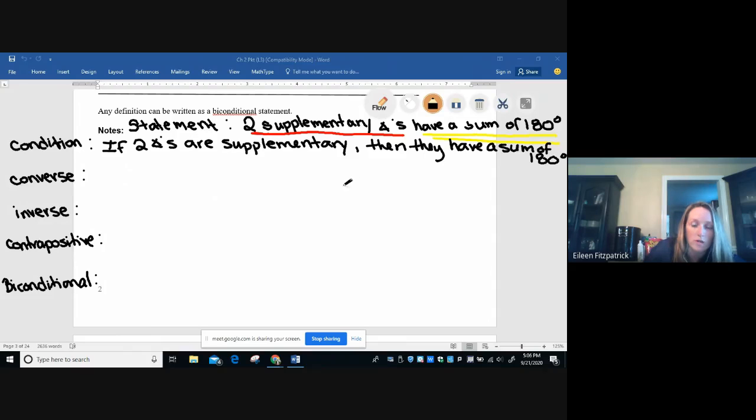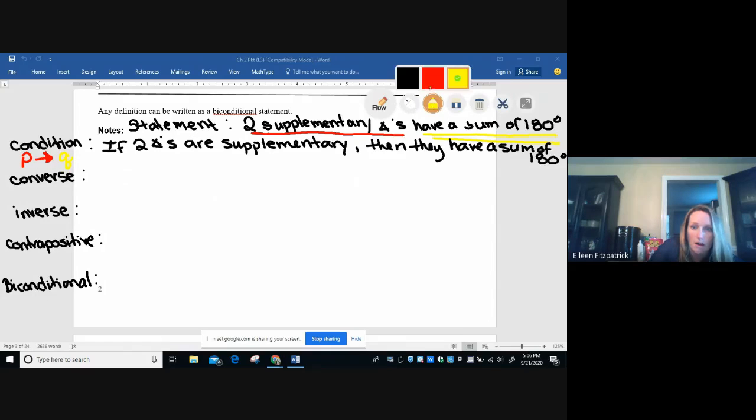Okay, there is your conditional statement. If P, then Q. So keep that in mind as well. Your conditional is if P, then Q. Remember, P just represents the hypothesis and Q represents the conclusion.